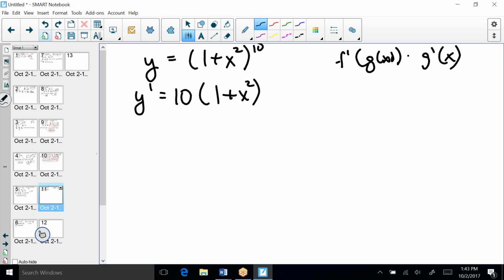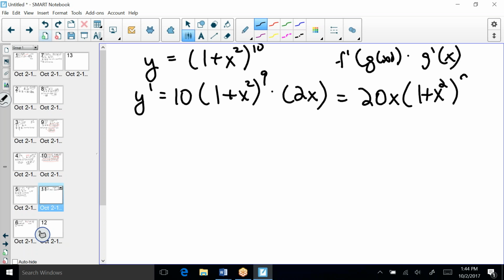To take the derivative of something to the 10th power, we decrease that exponent by 1, so now it's going to be to the 9th power. Then we multiply by the derivative of the inside. The derivative of 1 plus x squared is just 2x. And that's going to be equal to 20x times 1 plus x squared to the 9th power.